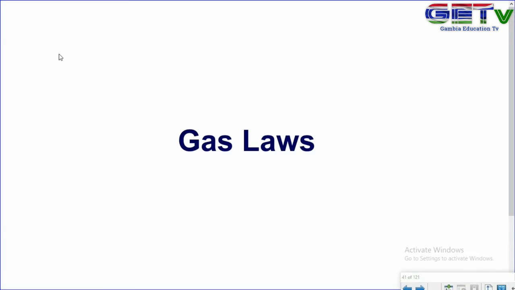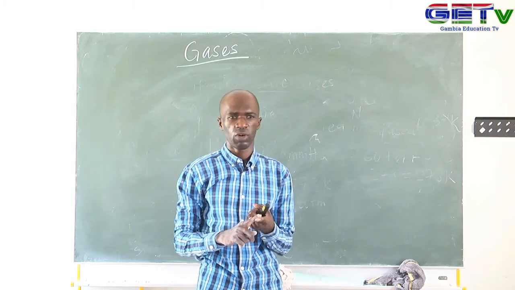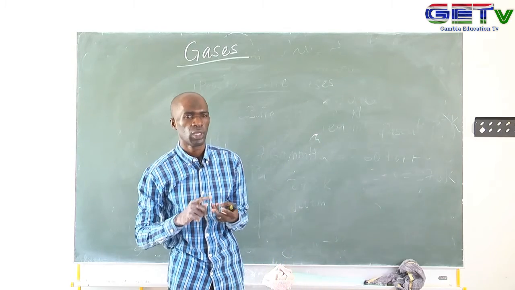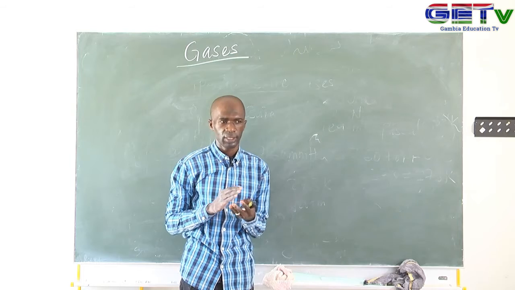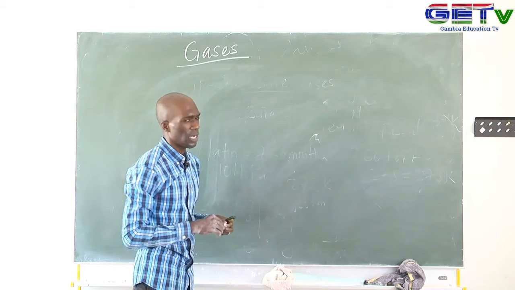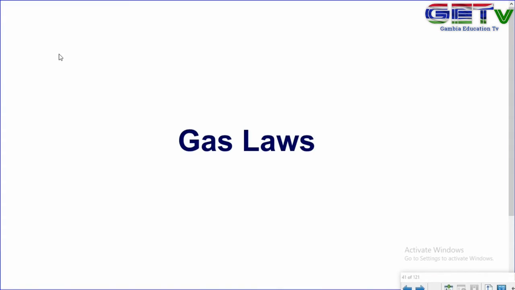After looking at the 4 variables, which are number of moles, volume, pressure, and temperature, we're going to look at gas laws. Under this, we're going to look at the behavior of gases. How do gases behave under certain conditions? That is, under changes in temperature, or changes in pressure, or changes in the amount of substance.